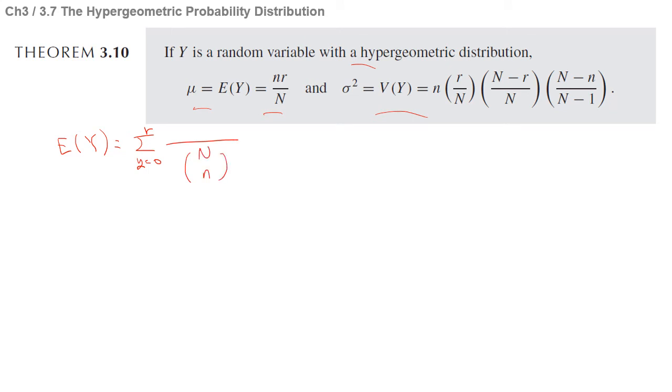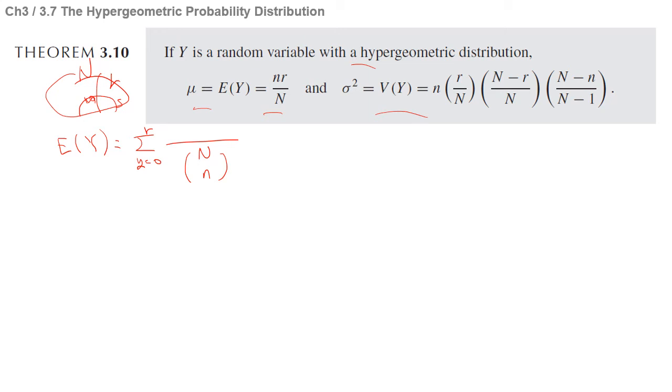We have N number of events, and among them r are success, and the others are failure, and we are choosing, not 10, small n number of events.